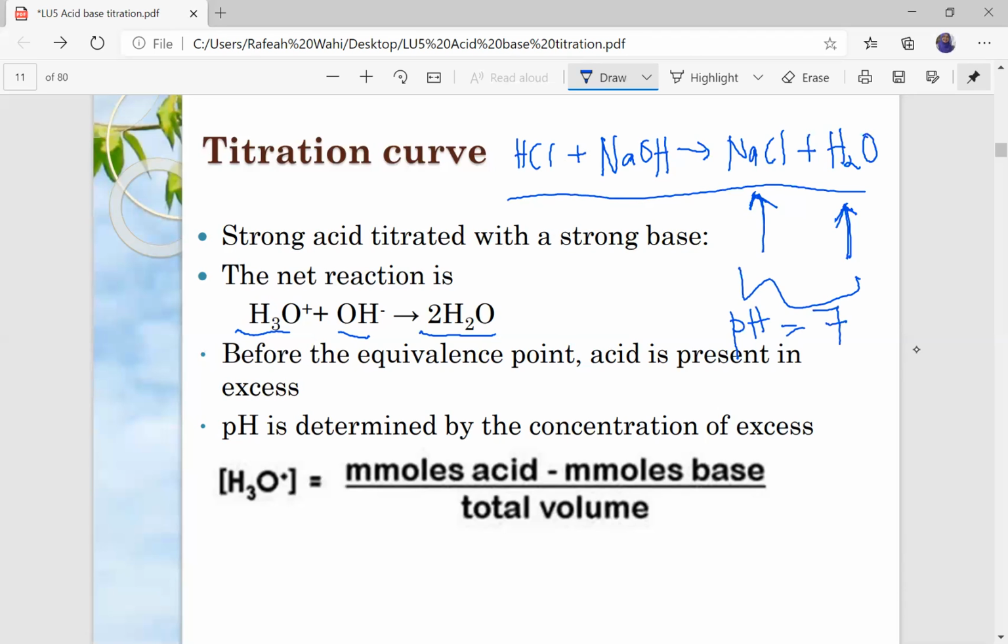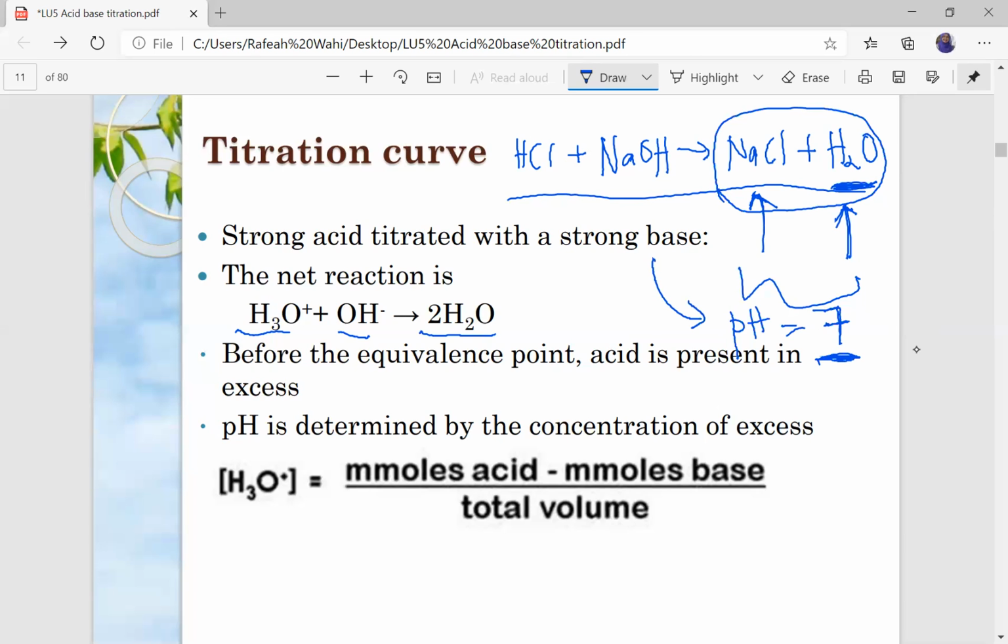This is because we have a reaction between a strong acid and strong base, which yields a neutral salt and also water. So water, basically the pH is 7. And we know that every time we have a strong acid titrated with a strong base, the equivalence point pH is always 7 or neutral.